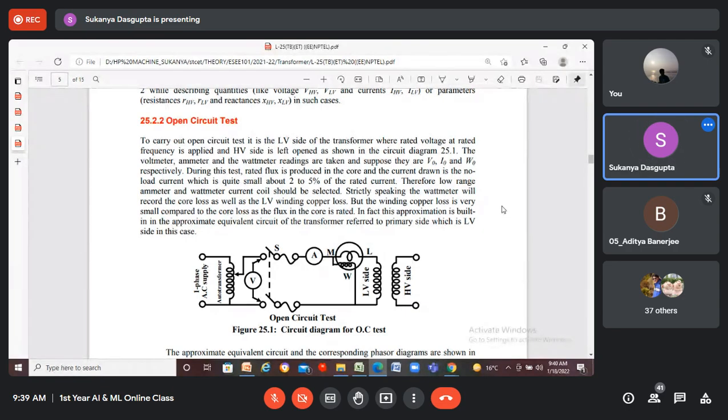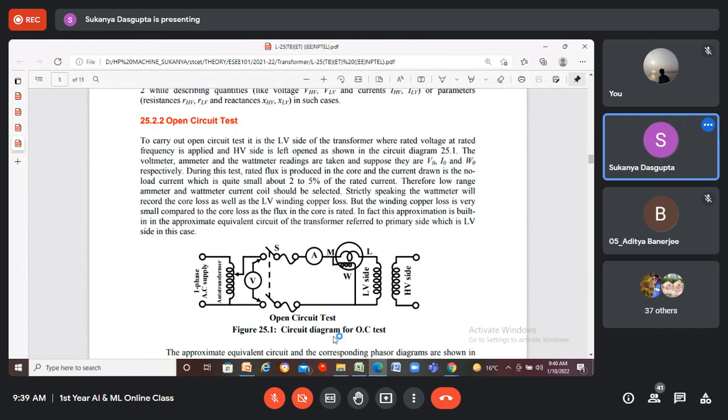So look at the circuit diagram. This is the circuit to be formed during the open circuit test. Always the high voltage side is left open.